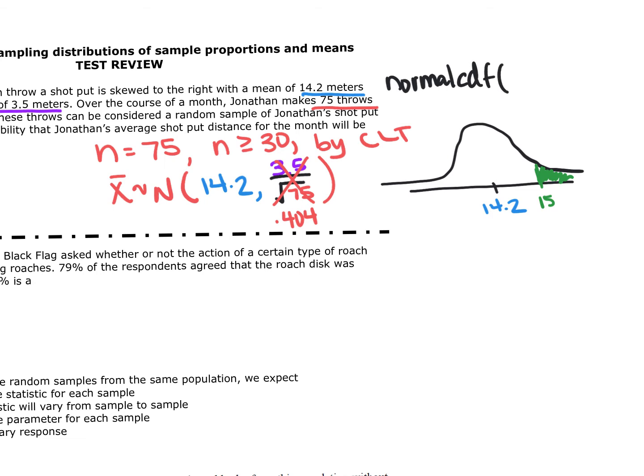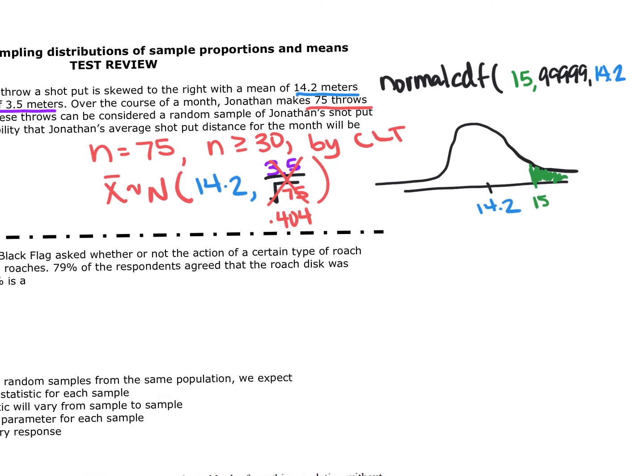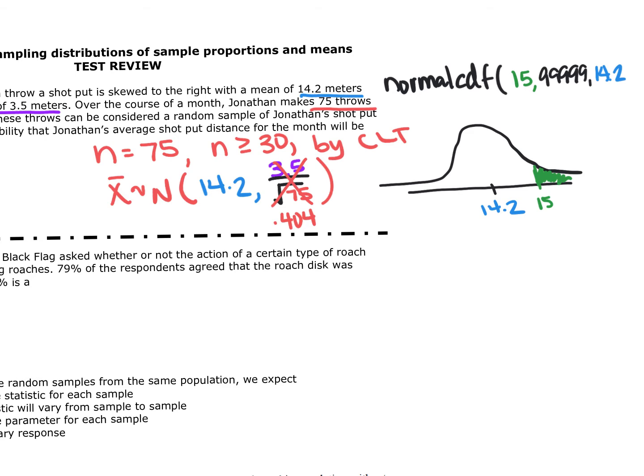right? And for normal CDF, looking at this curve, the lower bound starts at 15, and it goes up to, remember, a bunch of nines. The mean of the distribution is just 14.2, and our new standard deviation, or what we call our standard error, is going to be equal to 0.404.